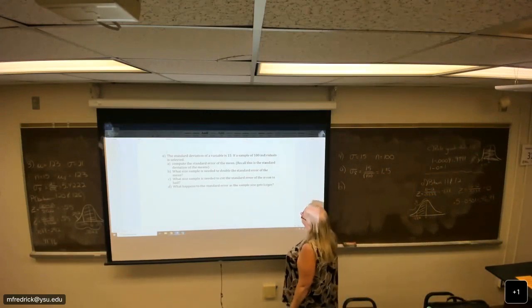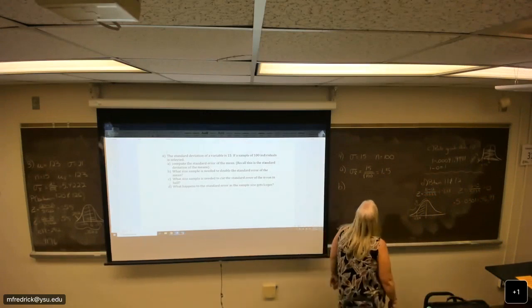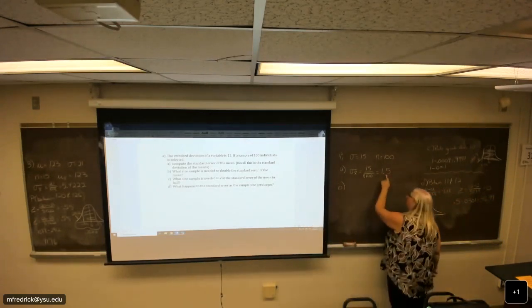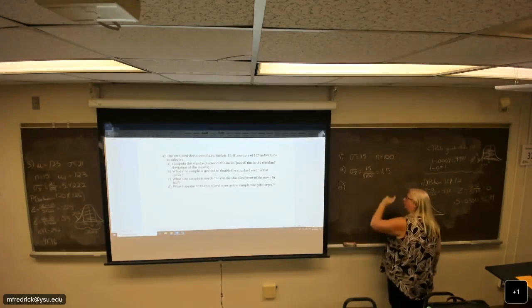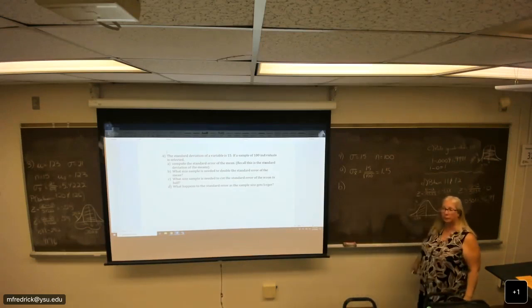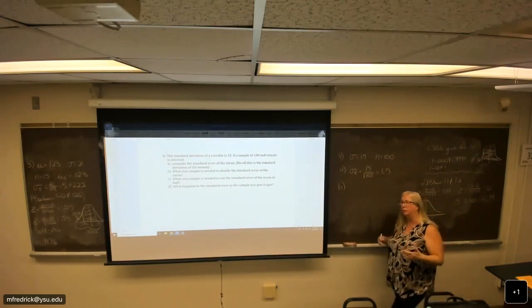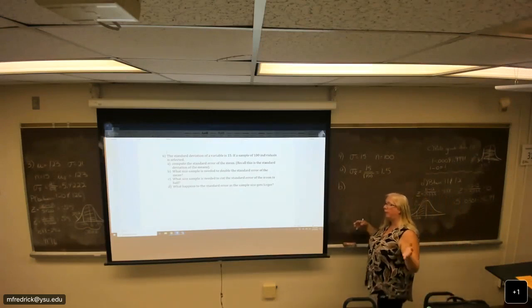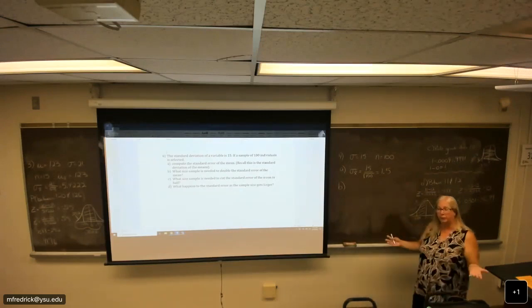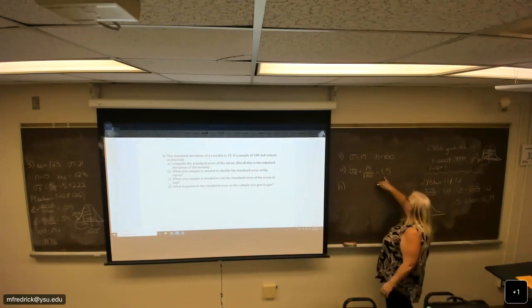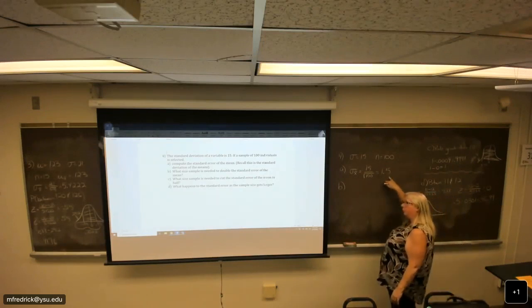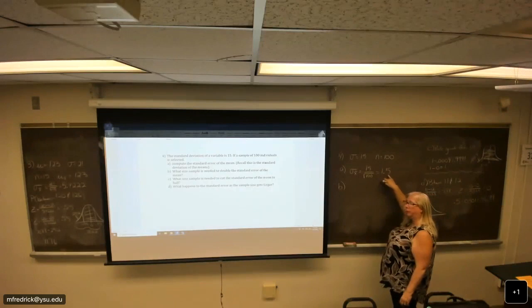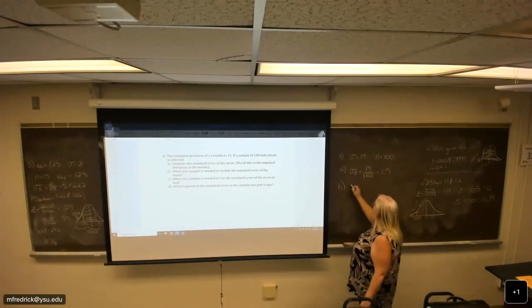What sample size is needed to double the standard error of the means? So if we wanted to double this, how could we find the sample size that was needed? When you're doing studies, a lot of the time you're looking for the sample size. How much do I need so that I'm going to get good answers? If I want this to be double, 1.5 doubled is what? 3?